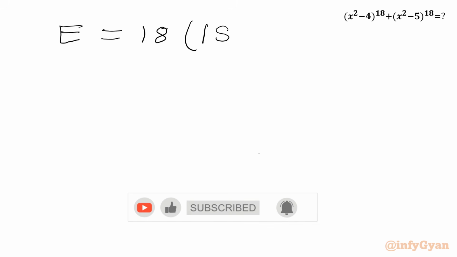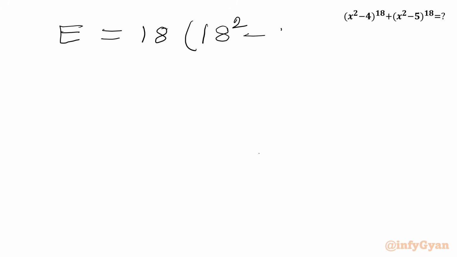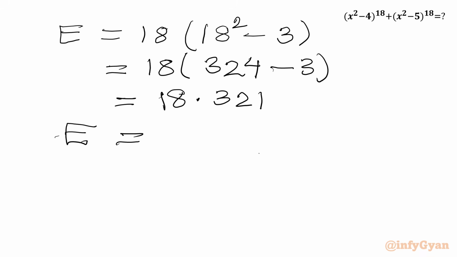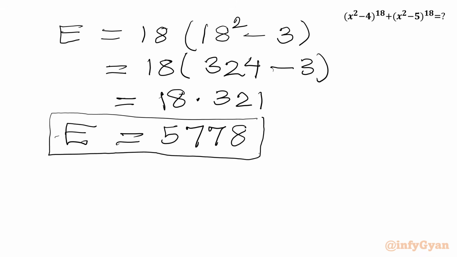In bracket we'll write 18 square. Then there would be minus 3. Now we know that 18 square is 324 minus 3. 324 minus 3 is 321, which we will multiply with 18 to get our required expression E would be 5778. So our answer is 5778.